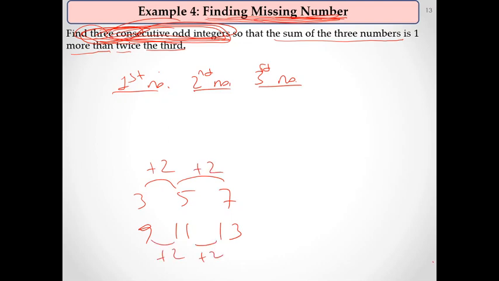We don't know the first number, but the second number is the first number plus 2, and the third number is the first number plus 4.